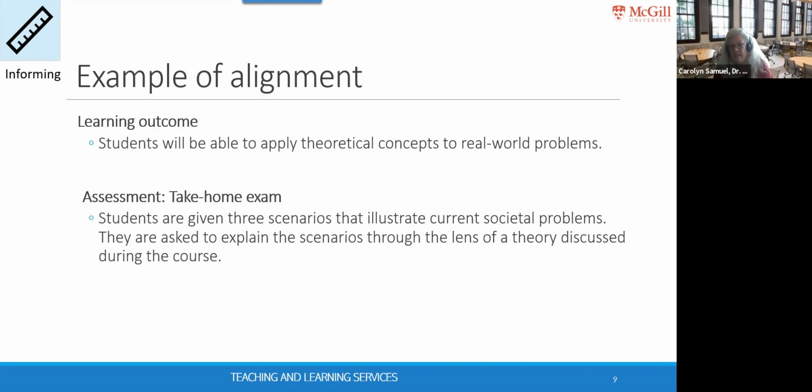So you can take a minute to think. If you are willing, please type in the chat how you see the concept of alignment illustrated in this example.